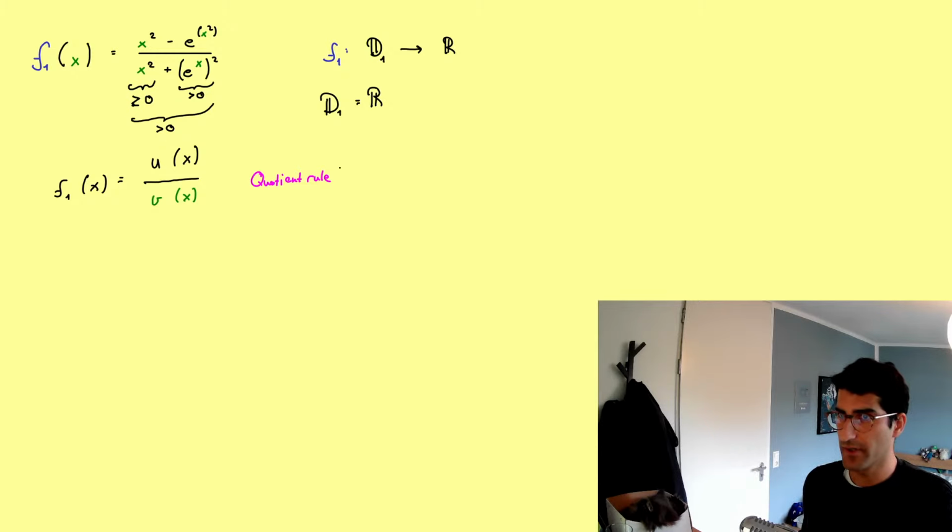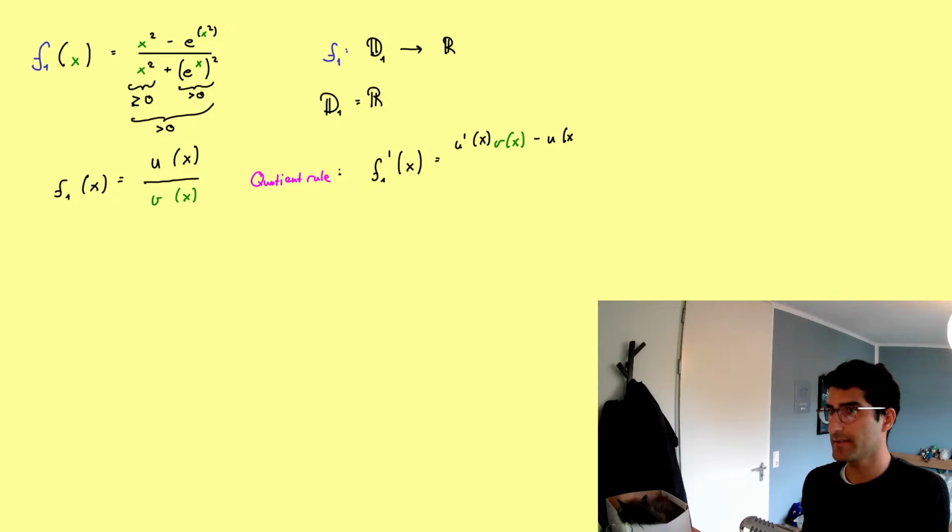So the quotient rule now tells us, if we want to calculate f prime of x, the first derivative, we first calculate the derivative u prime of x and multiply it with v. In the next step, we subtract u of x multiplied with the derivative v prime of x.